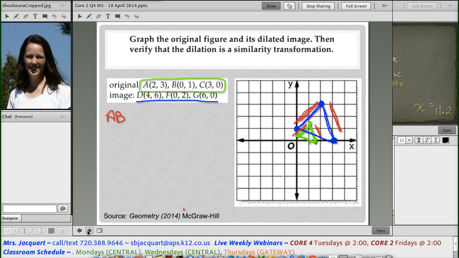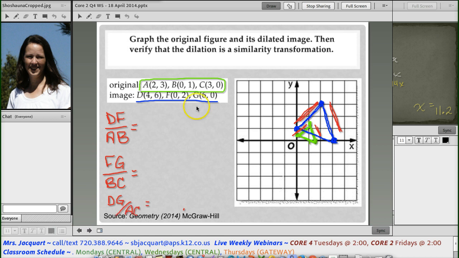I need to start with the second shape first. DF over AB. I also need to do FG over BC. And I also need to do DG over AC.